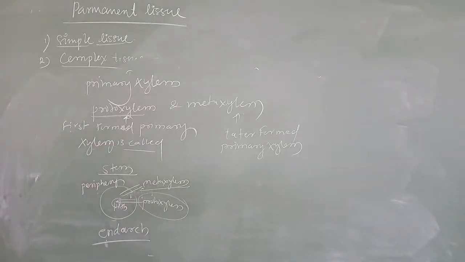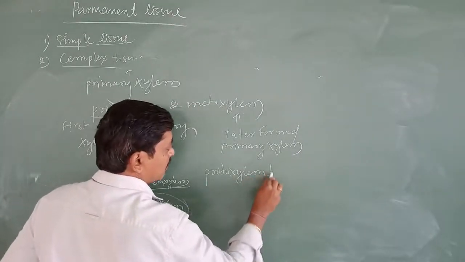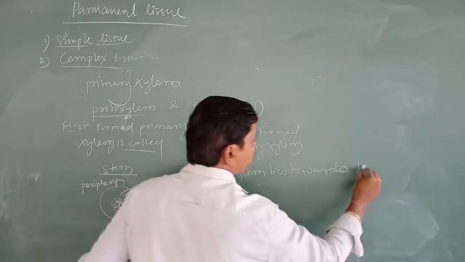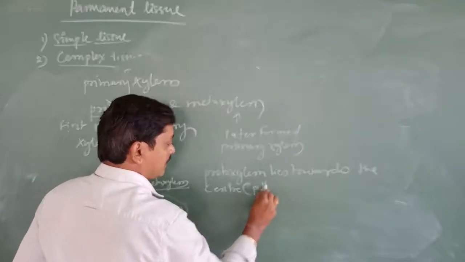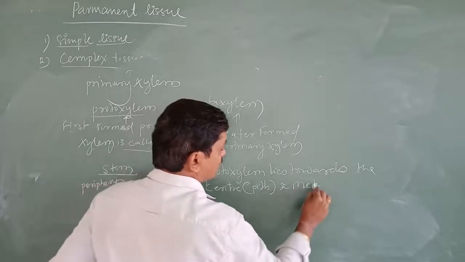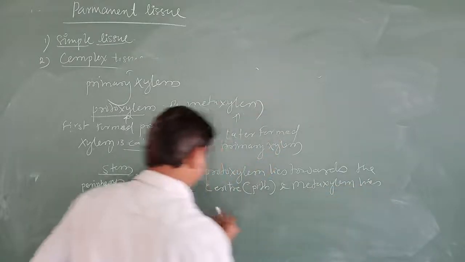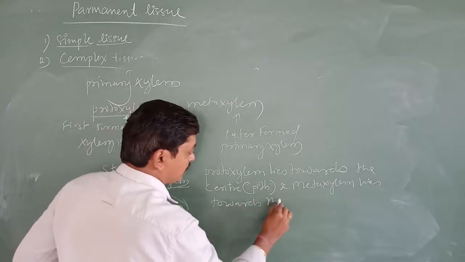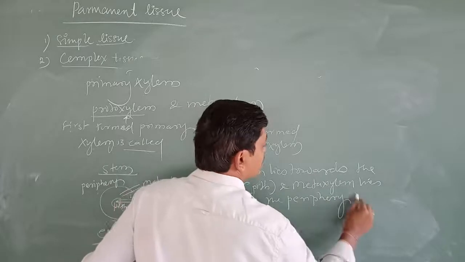What I told you: in a stem, protoxylem lies towards the center and metaxylem lies towards the periphery.